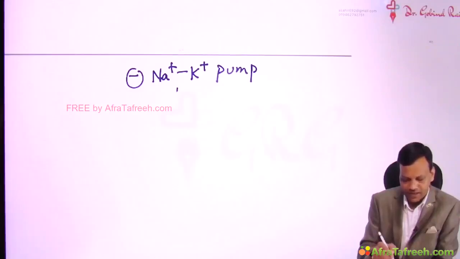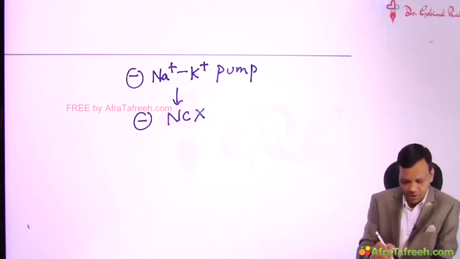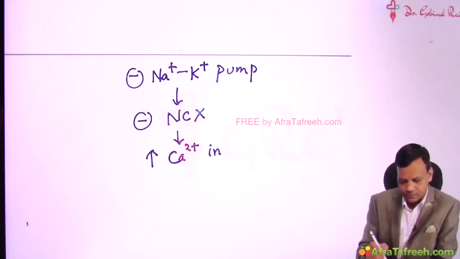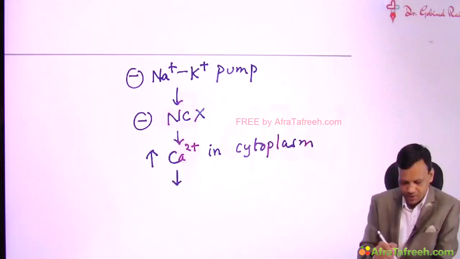Inhibition of this pump will indirectly result in inhibition of sodium calcium exchange. So when calcium is not able to go out, there will be increase in calcium in the cytoplasm. When calcium increases in the cytoplasm, finally it will go more inside the endoplasmic reticulum.